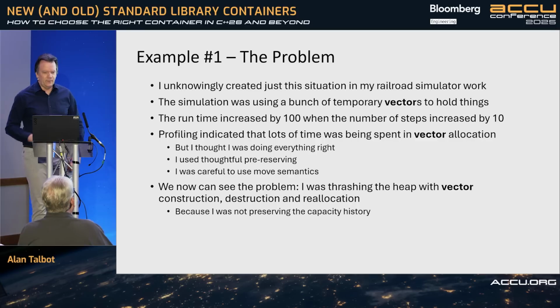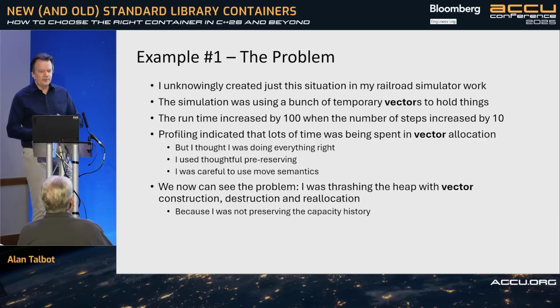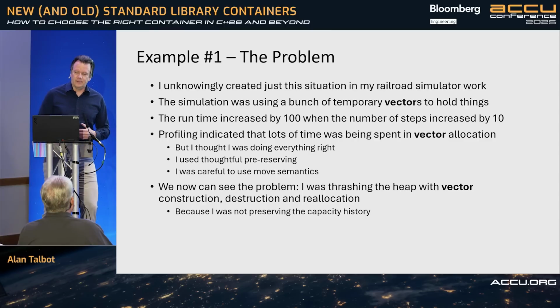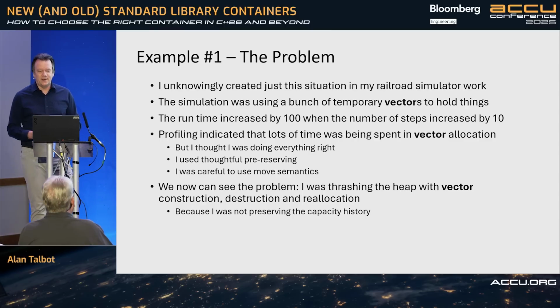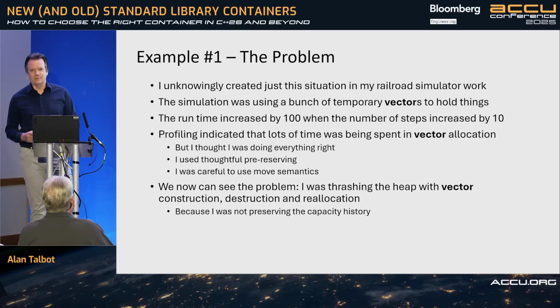So I unknowingly did just this when I was working on a simulator. The simulator used a bunch of temporary vectors to hold things. And I discovered that the runtime was increasing by a factor of 100 when the number of steps increased by a factor of 10. Oops, something's wrong.